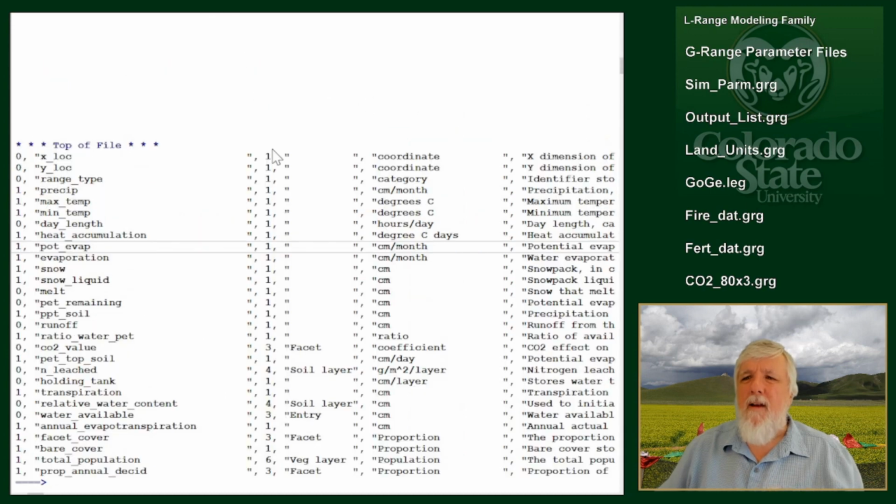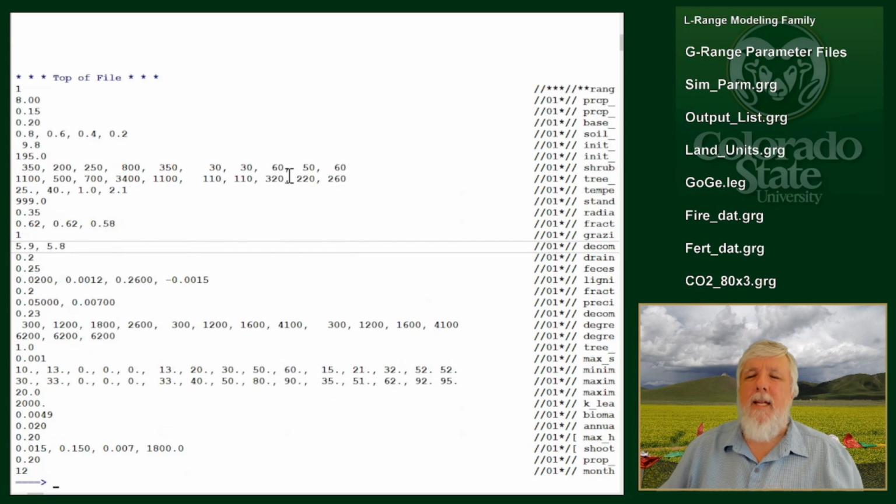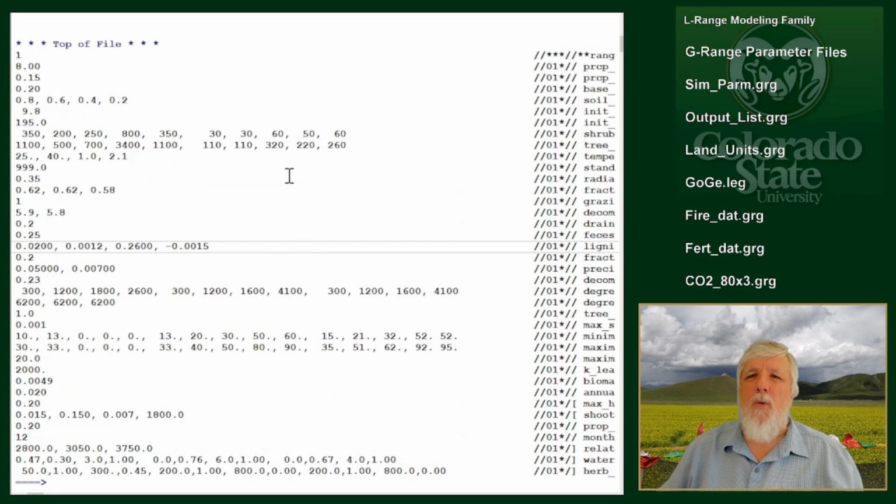Next is the driving file behind GRange, LRange, AFRange. This is the land units file. Again, it could be named anything you like. So in a scenario, you may have a land unit scenario.grg or what have you. So you could have another name assigned to this file, but then in the simparm.grg file, you would edit to point to that new file.